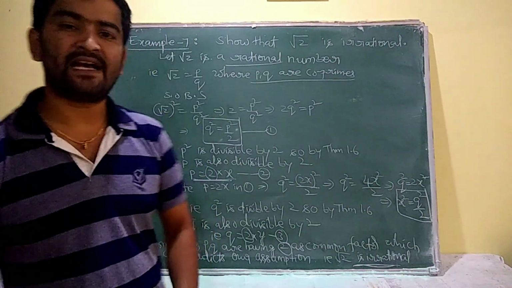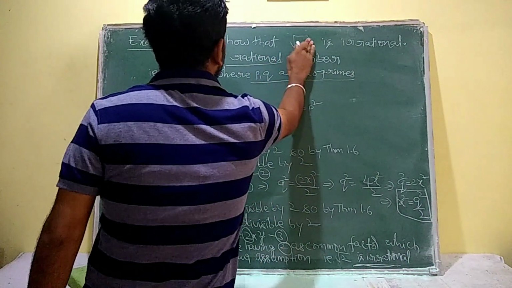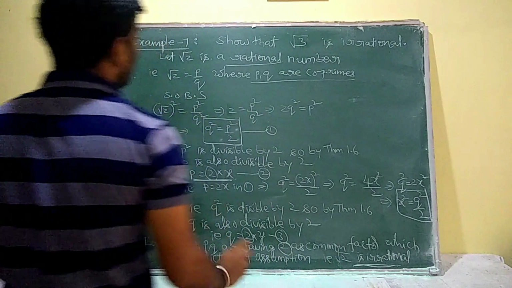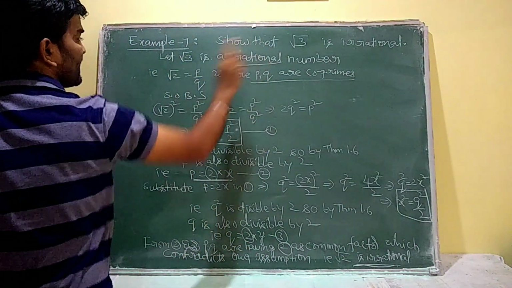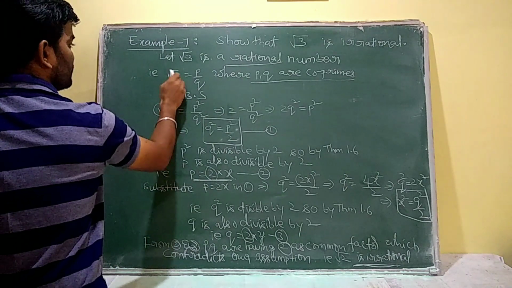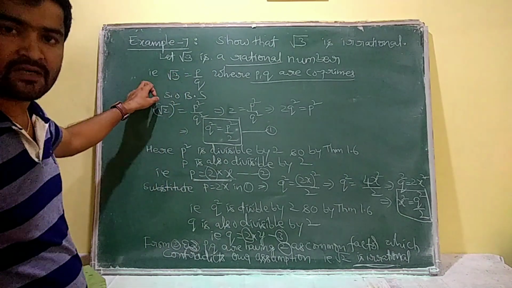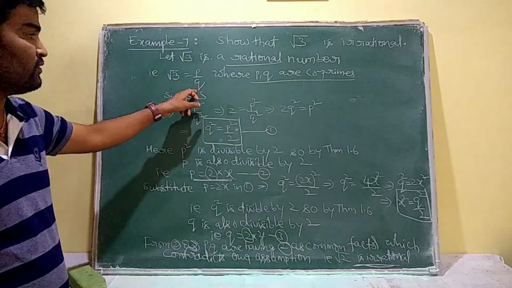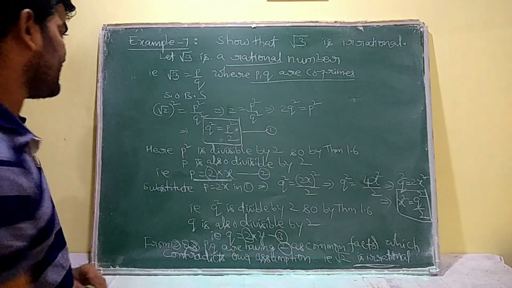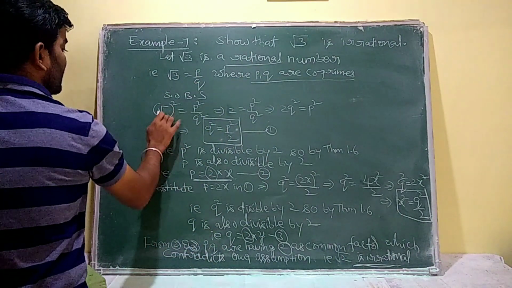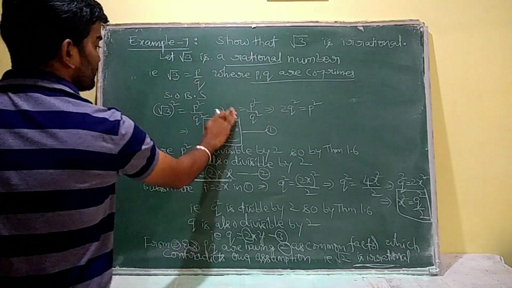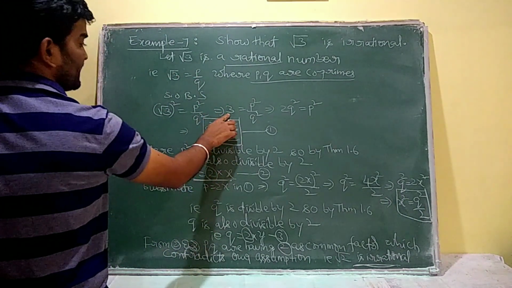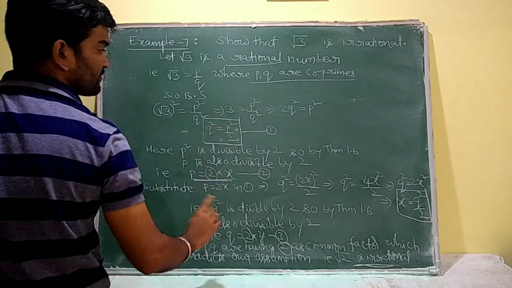See ma, suppose he asked us to prove root 3 as irrational. Then we have to assume that root 3 is a rational number. Now, as root 3 is assumed rational, root 3 can be expressed as p by q, where p comma q are co-primes again. Now squaring on both sides, root 3 whole square is equal to p square by q square, then 3 is equal to p square by q square.